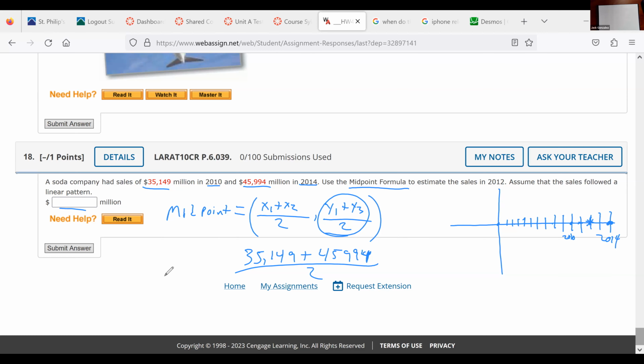And it says, does it say around? Does not. So I'd probably just put it as it is. See what happens. There should be some tolerance built in. Anyway.